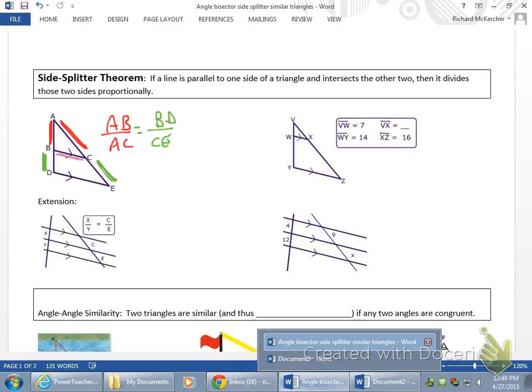One is BC and CD. They happen to be proportional, not technically by the side splitter. It's actually by a different reason, but it fits in well here. And then by the side splitter, you can tell that the AD and the big sides are going to be proportional. So an example would look like this.